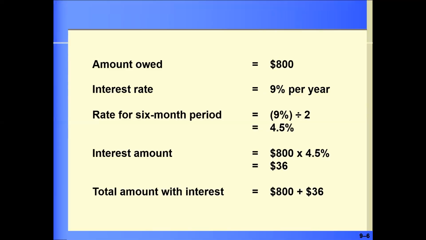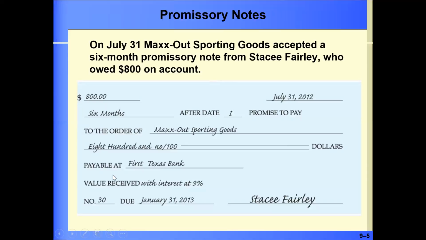It does, except why is the line in there to the bank? It could be payable at First Bank. It could be payable at your son's chocolate and flour company. It's just a location. Oh, okay. Got it.